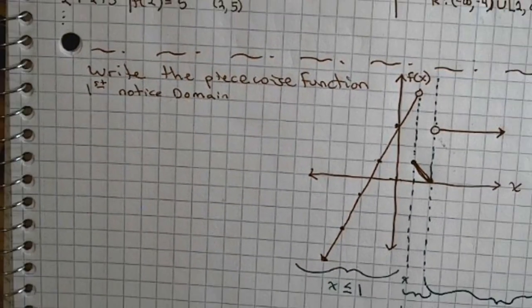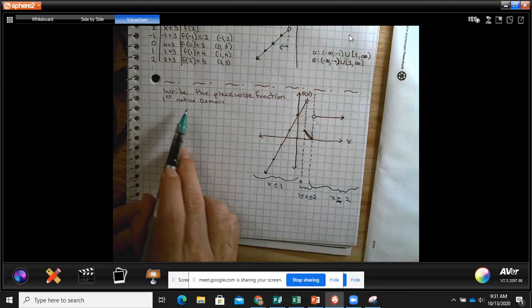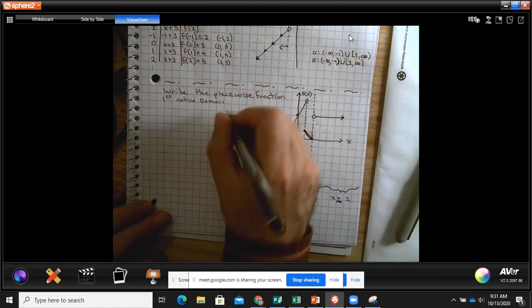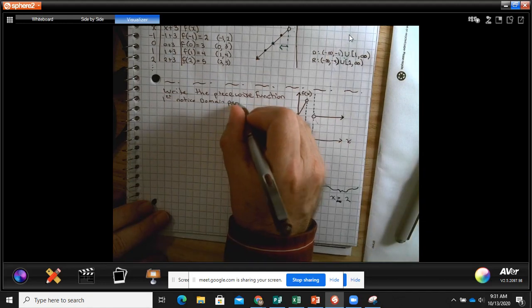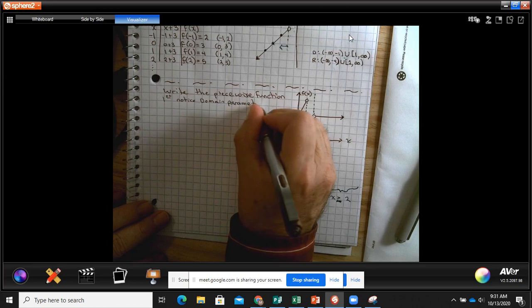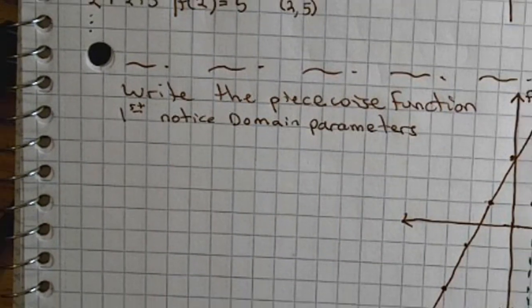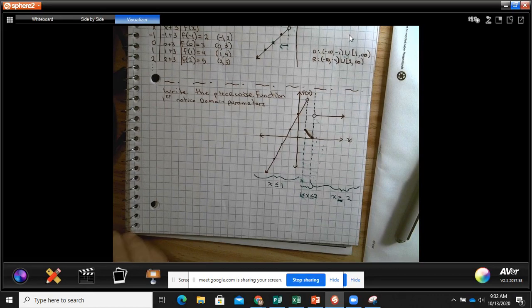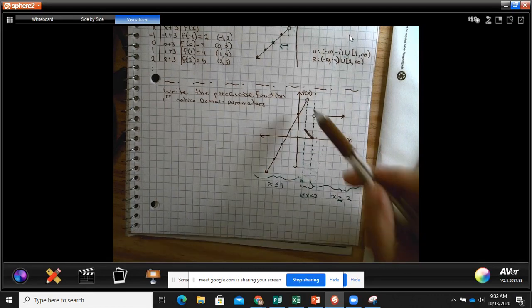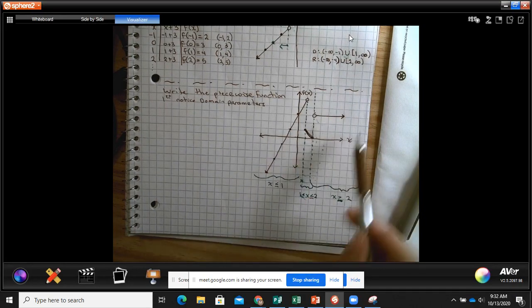That was our first step. Notice the domain parameters. In other words, what are the restrictions on the domain? How is it broken up into parts? It's broken up into 1, 2, 3 parts.